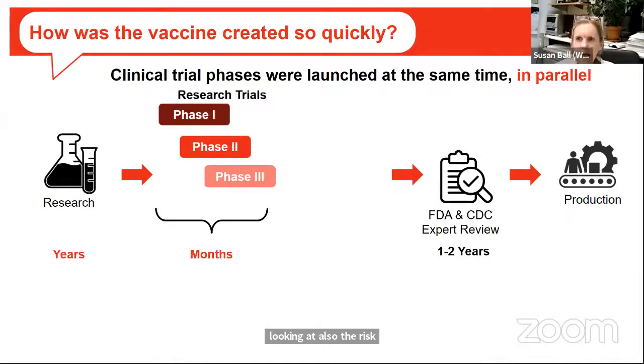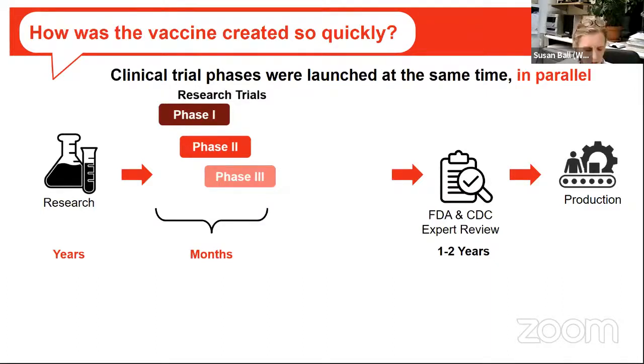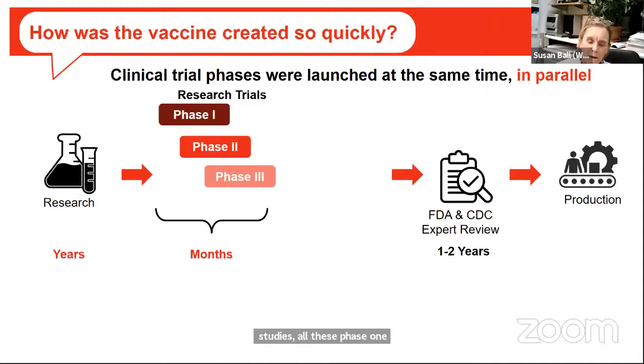But for COVID-19, there was such urgency in the whole world that these phase 1, 2, and 3 trials were overlapped. And this happened for literally hundreds of vaccines that were being studied around the world.